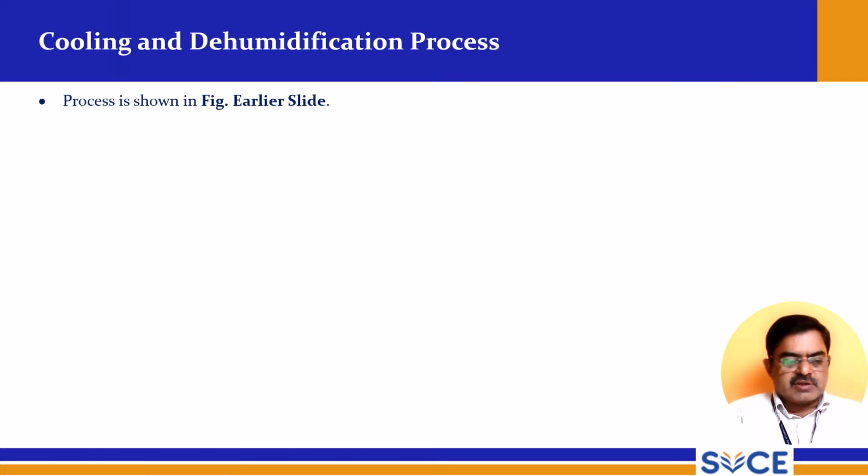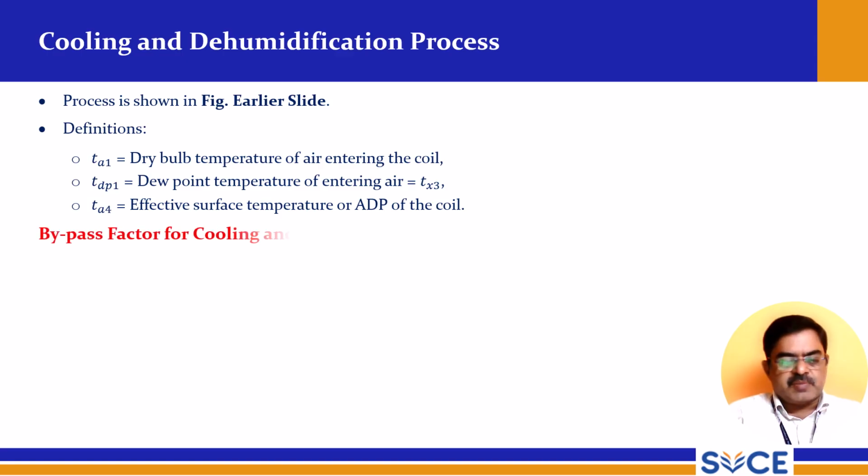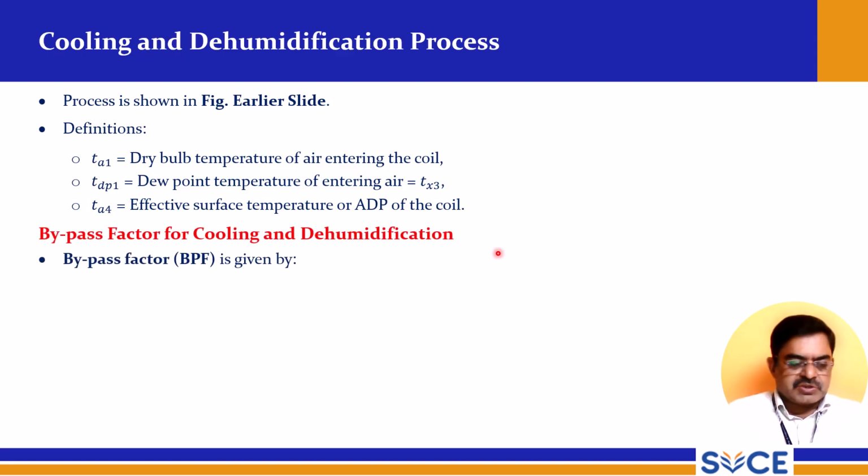Here the process is shown in the figure in the earlier slide, and TA1 equals the dry bulb temperature of air entering the coil. TDP1 is the dew point temperature of entering air, and TA4 is the effective surface temperature or ADP of the coil. The bypass factor for cooling and dehumidification, BPF, is given by TA2 minus TA4 divided by TA1 minus TA4.